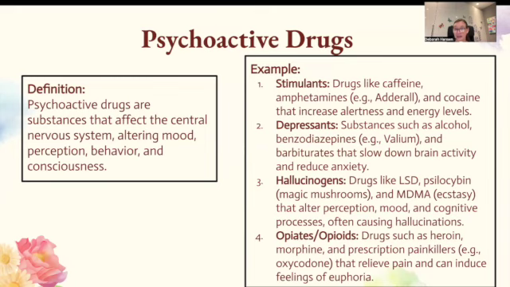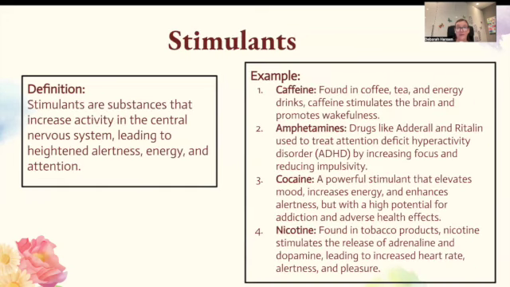Hallucinogens, drugs like LSD and MDMA that alter perception, mood, and cognitive processes, often causing hallucinations. Opiates or opioids, drugs such as heroin, morphine, and prescription painkillers, for example, oxycodone, that relieve pain and can induce feelings of euphoria.